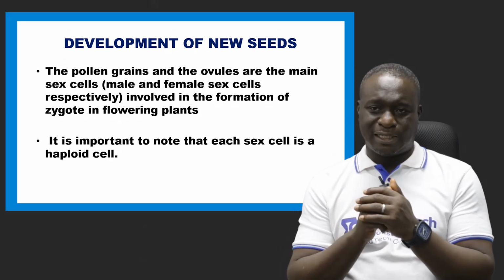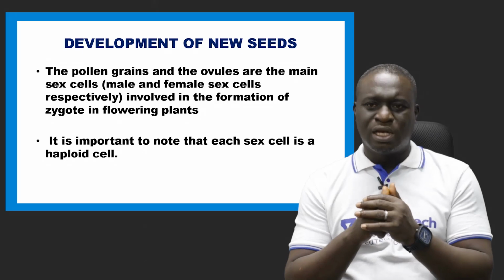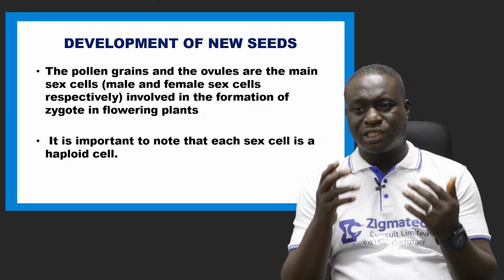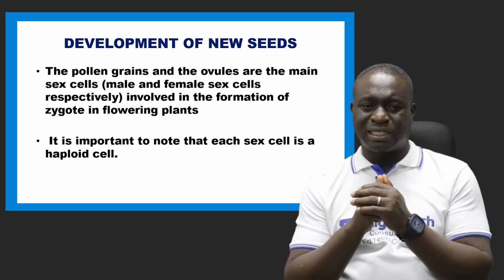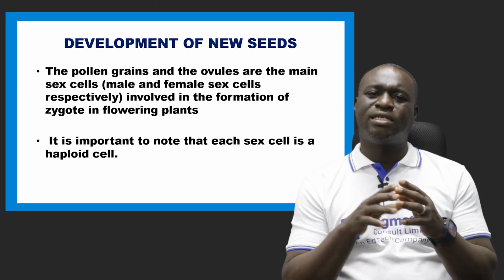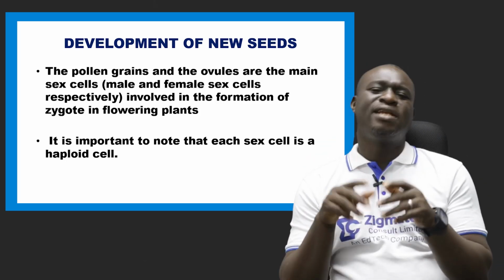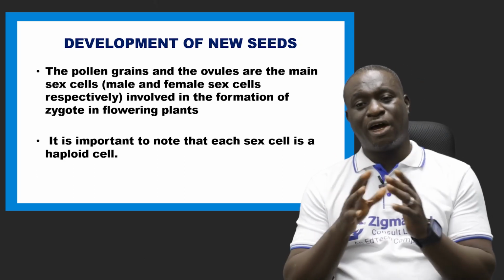While the ovules are the female sex cell, or you can say the female gamete of flowering plants. And it is these pollen grains and ovules that are involved in the formation of a zygote in flowering plants.